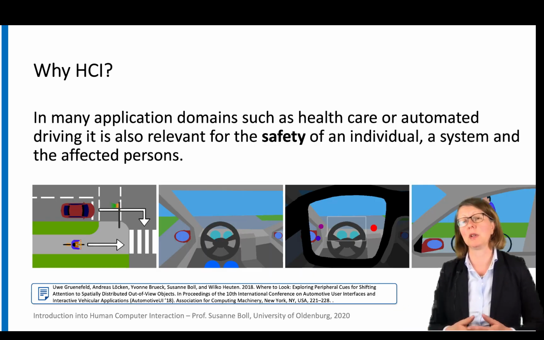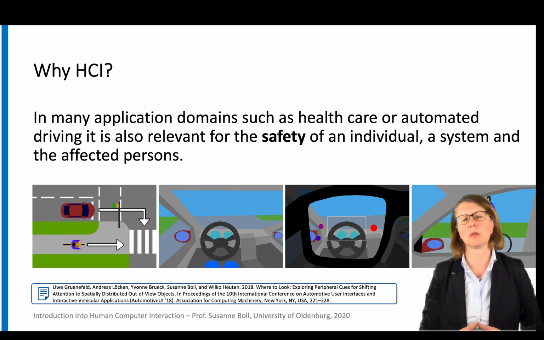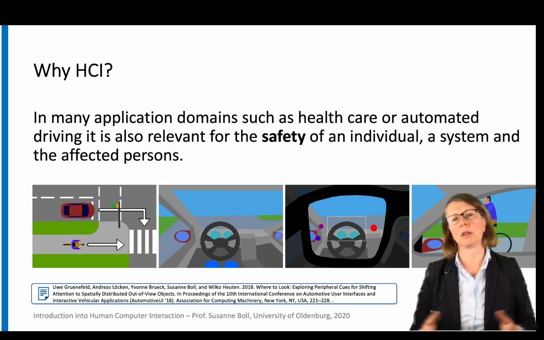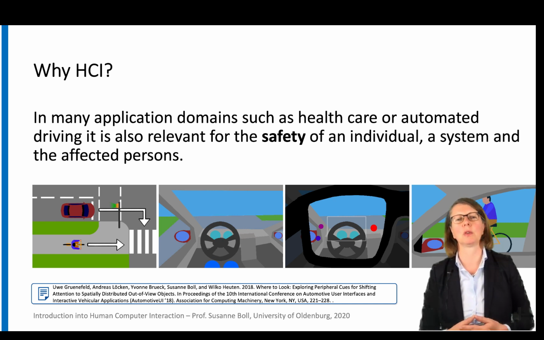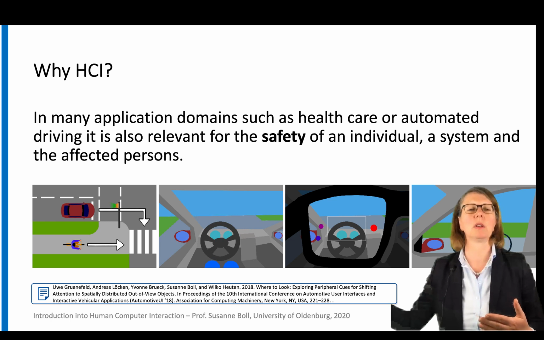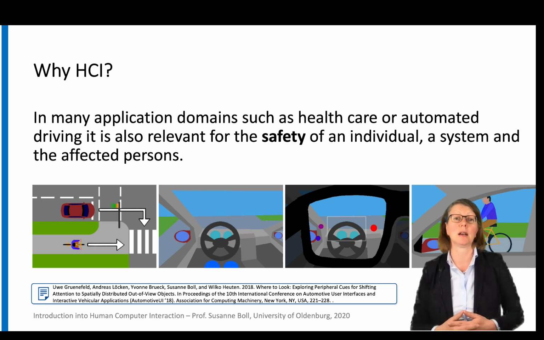But it's not only a question of pleasure, of joy, it's also a question of safety in our environments. For example, if you look at this scenario where someone is driving along a street, you might not see that the bicyclist is coming from the right, even though the cyclist has the right to cycle and you should stop.